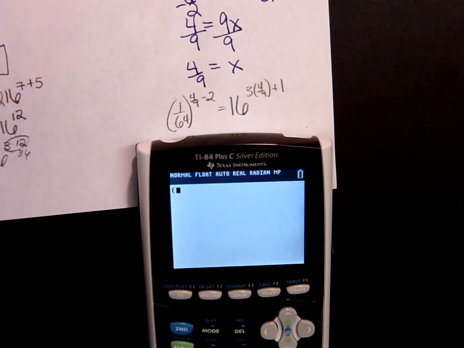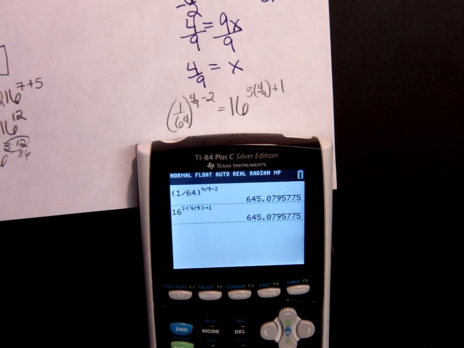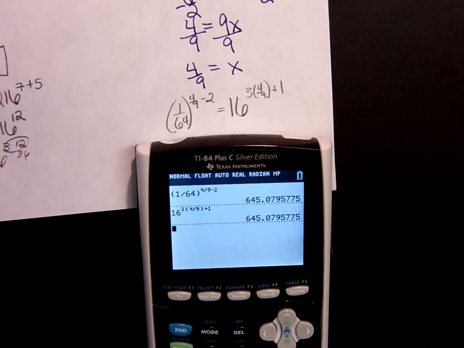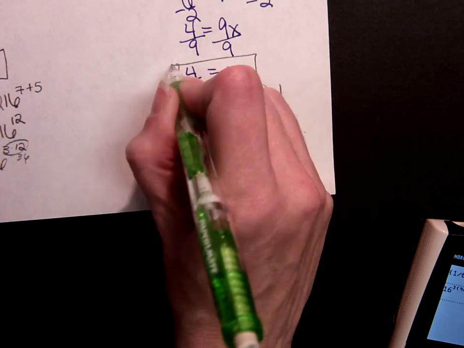So we're going to do 1/64 to the 4/9 minus 2, and 16 raised to the 3 times 4/9 plus 1. Again, they're messy, but they're the same mess. They're identical, so we know we're correct. I'm going to keep x equals 4/9.